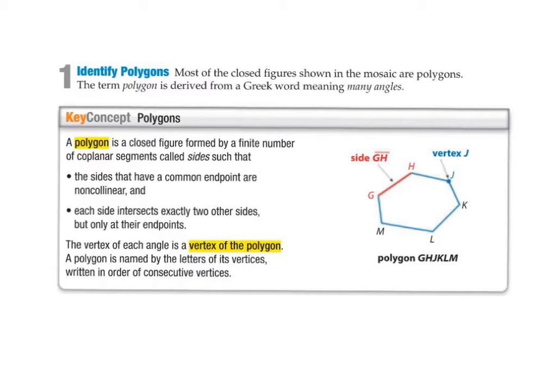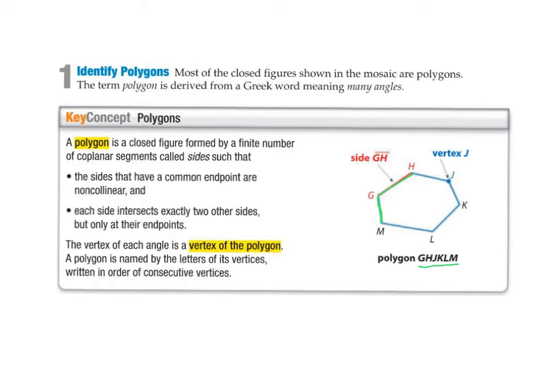And then the vertex of each angle is also the vertex of the polygon, which means that there are multiple vertices. So looking at the image, I have a polygon labeled by all of its vertices, and each side is basically a line segment.